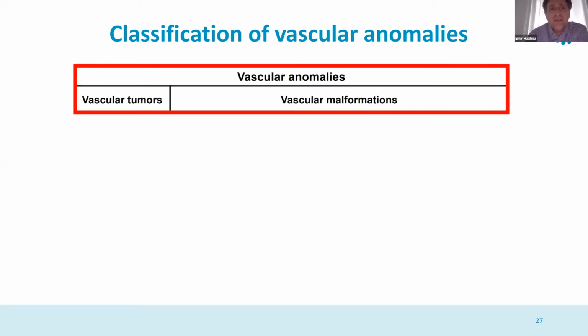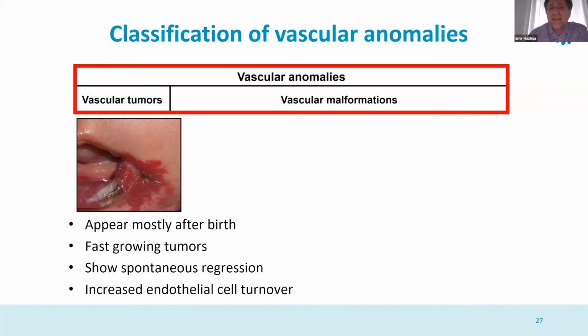So the main difference between vascular tumors and vascular malformations lies actually in the difference between infantile hemangioma, as the main lesion or the main tumor in the group of vascular tumors, because it is so common.